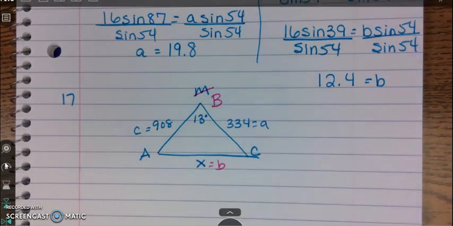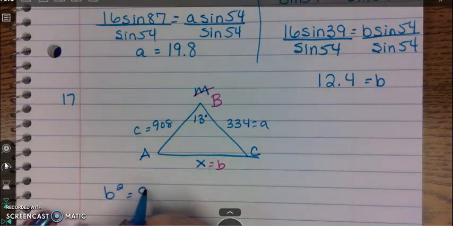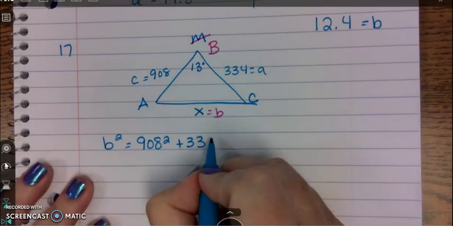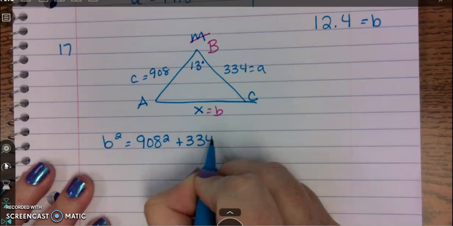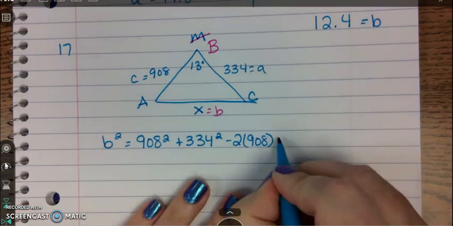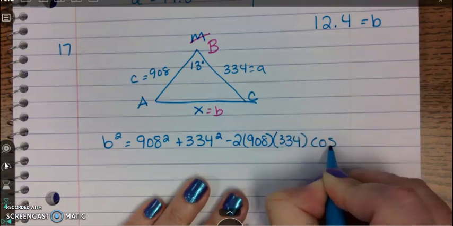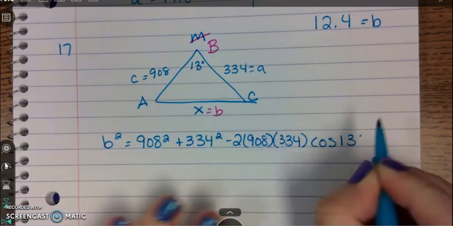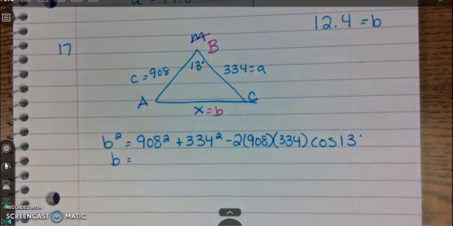Okay, I don't know all of the letter. So we're going to solve for little b using the law of cosines. So 908 squared plus 334 squared minus 2 times 908 times 334 cosine of 13. Okay, grab my calculator.